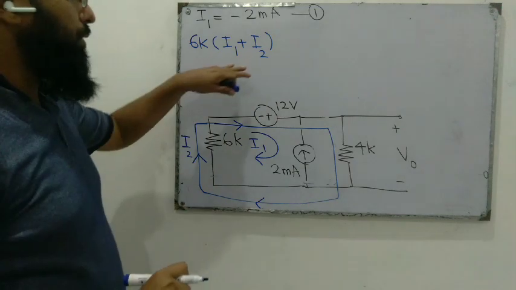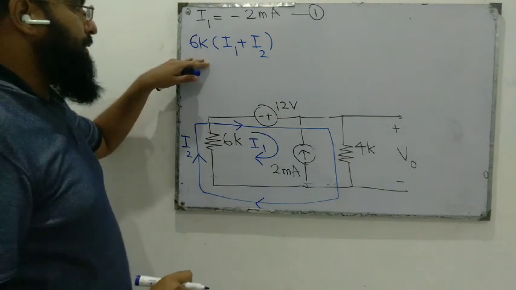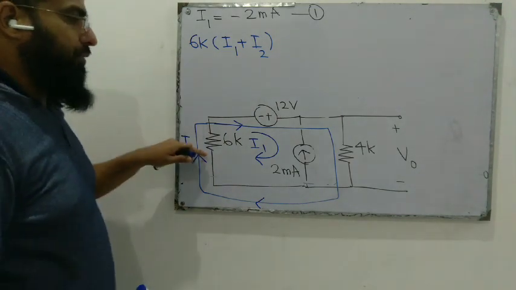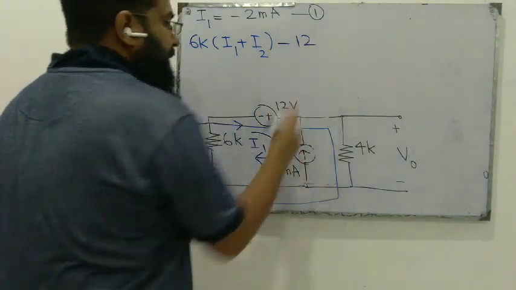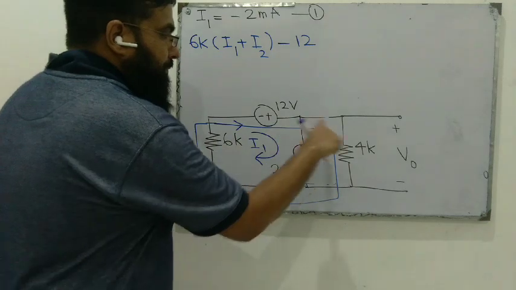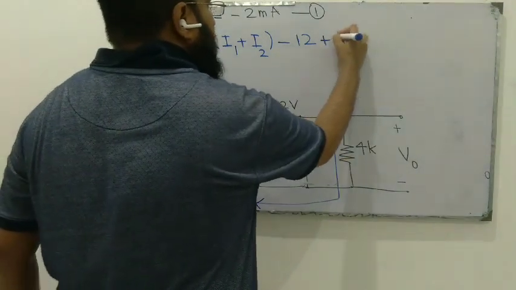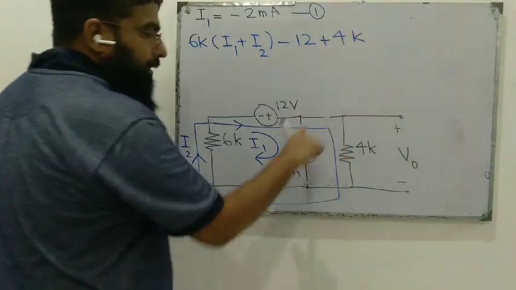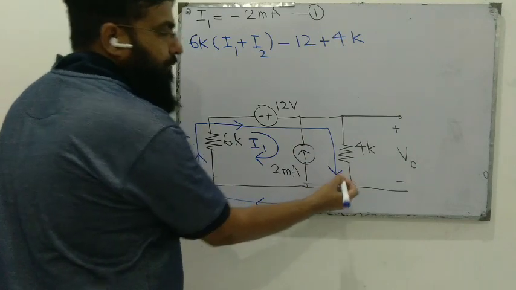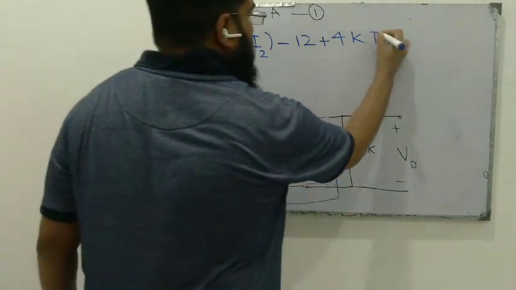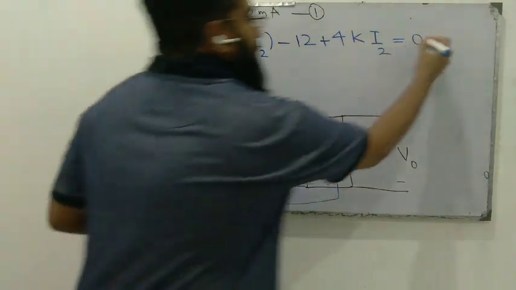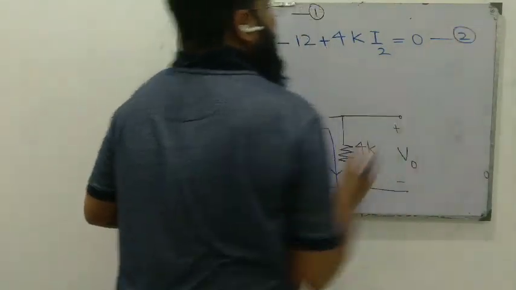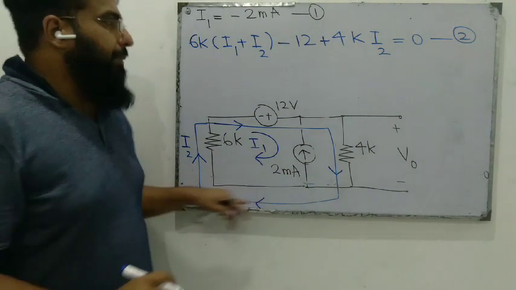And according to Ohm's law, the net current times the resistance gives us the voltage drop across the 6K resistor. Minus 12, because it's a voltage rise, the current enters from the negative side. Then this 4K, and there is only one current flowing through this resistor 4K, which is I2, is equal to 0. This is the KVL equation for the second and the bigger loop.